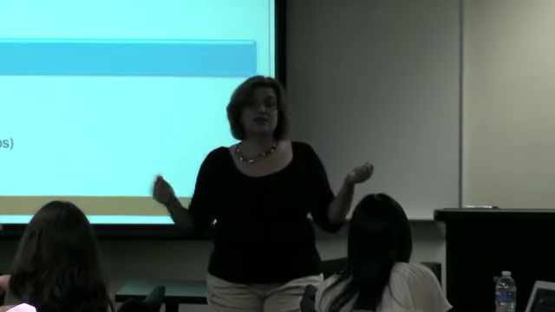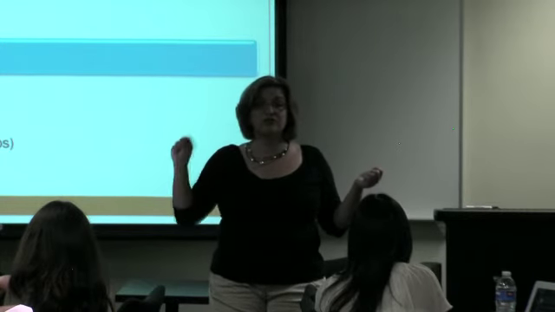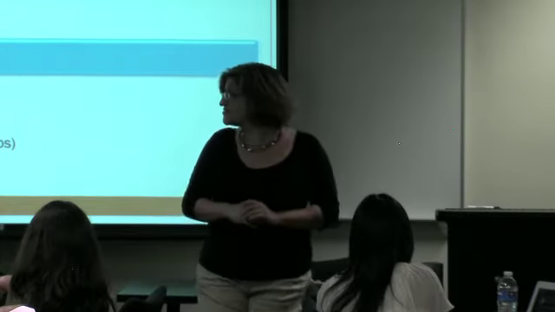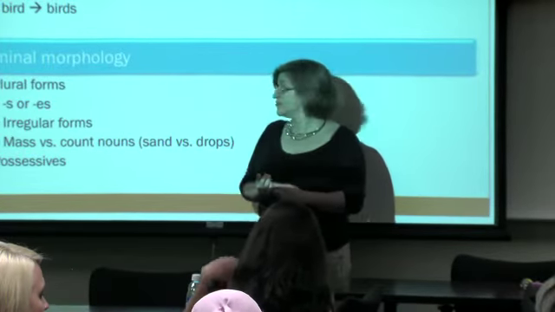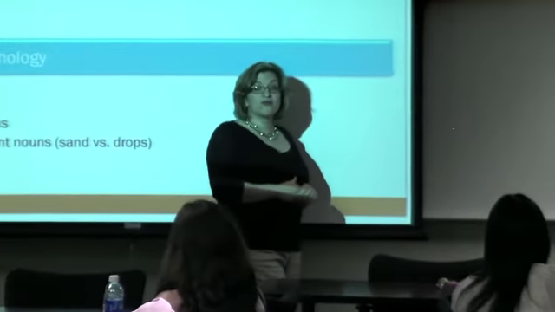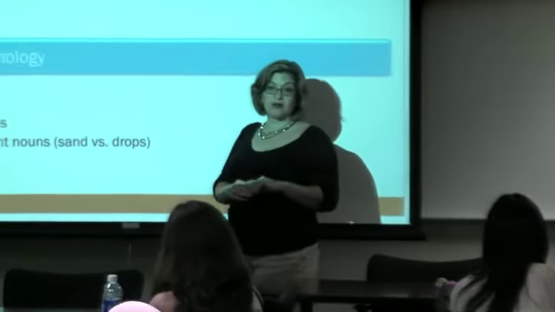With the count nouns, these are the ones that can be counted individually. We can count each individual item. This has meaning for whether or not we use few or many, few or less. So we could have less water, but we don't have few water.